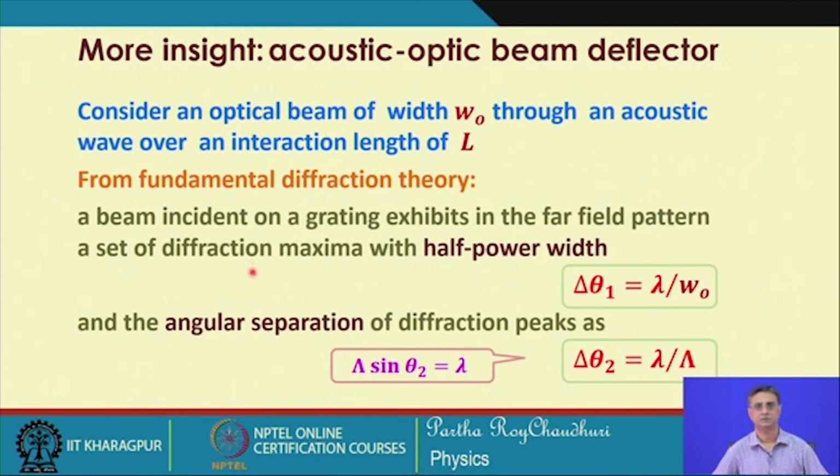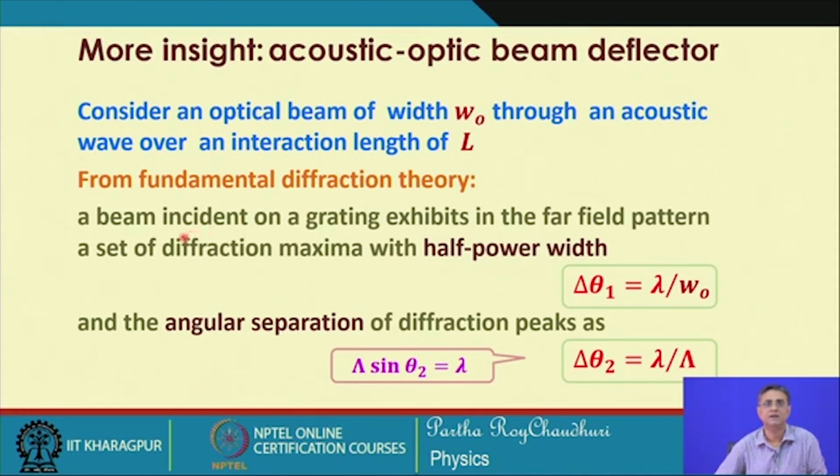So, in order to understand with more insight this beam deflection by an acoustic modulator, let us consider an optical beam of width W 0, which is passing through an acoustic wave, and the interaction length of the optical beam with the acoustic wave is the width of the acoustic wave, that is L. From the fundamental diffraction theory, there are two relations which are useful to understand this.